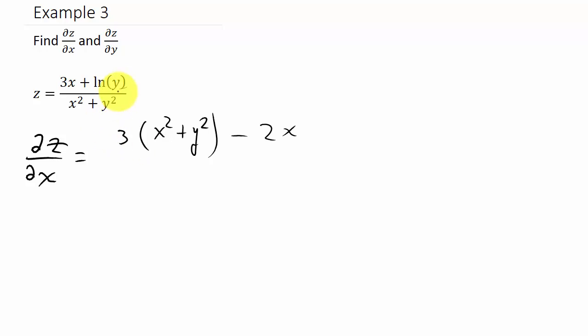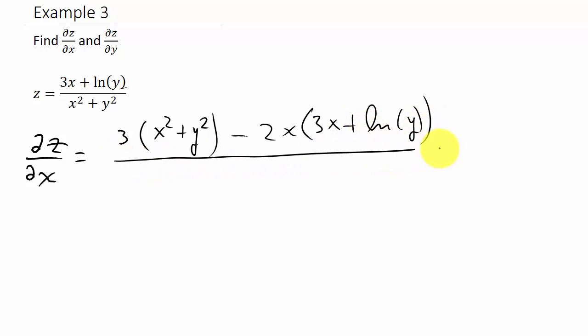There's no x in this term. The derivative of a constant is 0. So there's the derivative of the denominator times the numerator, 3x plus natural log y, and that's all over the denominator squared.